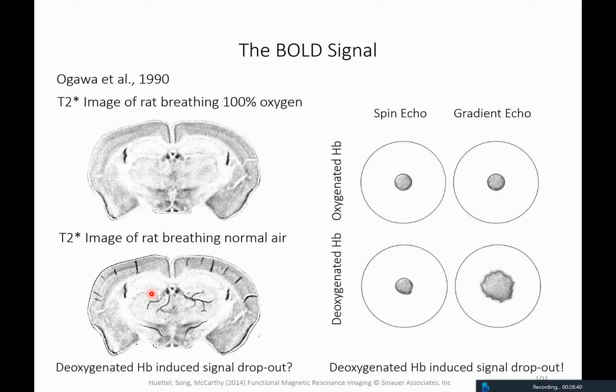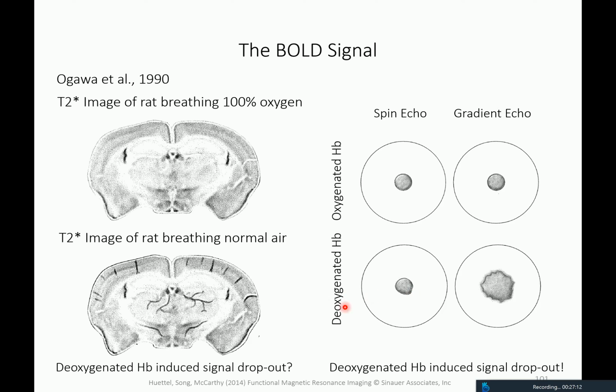Now, to also verify this association not only in vivo but also in vitro, what they also looked at is oxygenated hemoglobin in a test tube under two imaging procedures, with a spin echo and gradient echo, and deoxygenated hemoglobin, where you definitely in the gradient echo sequence see more irregularity, let's say, and also with the spin echo you see a little bit of irregularity.